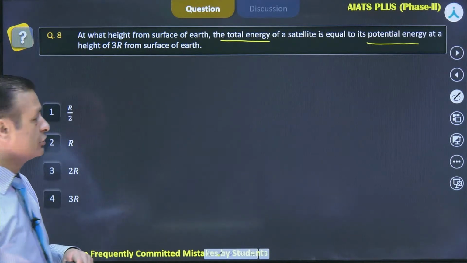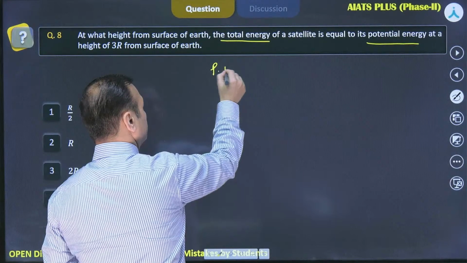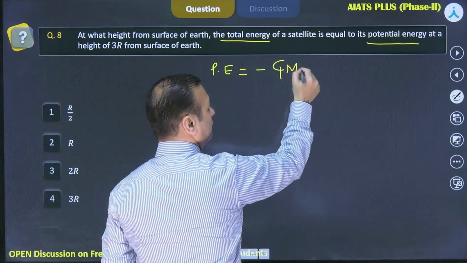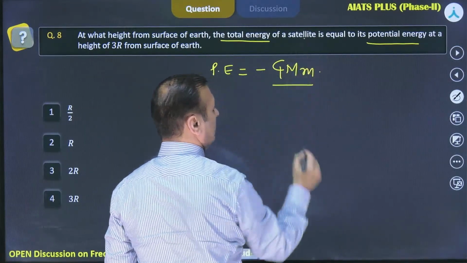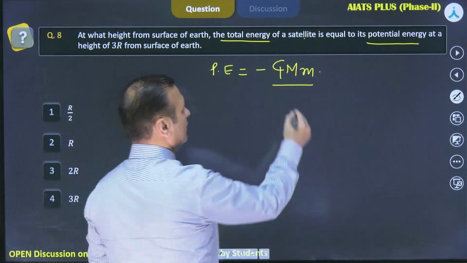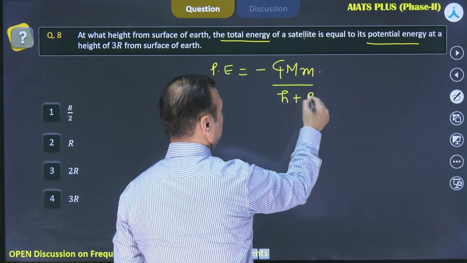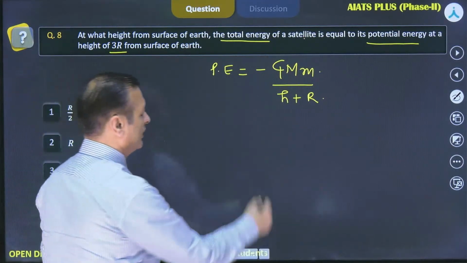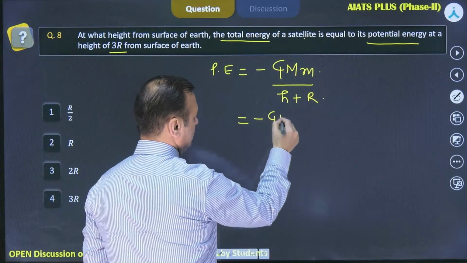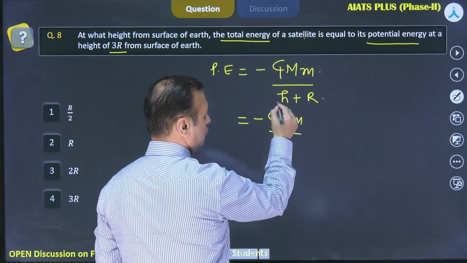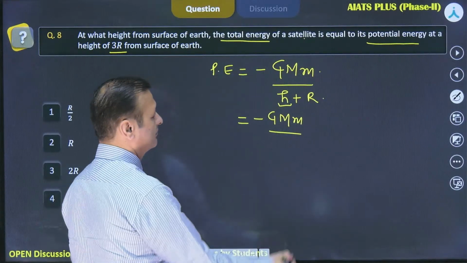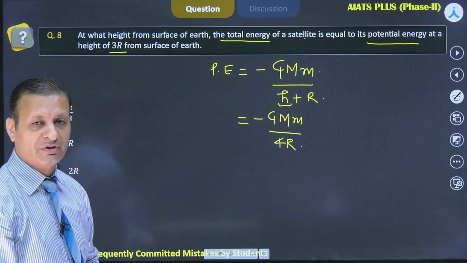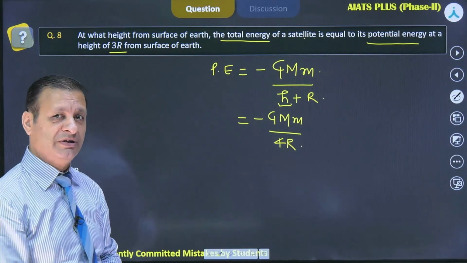So let's define the potential energy. This is negative, minus GMm, where M is the mass of Earth or planet, and small m is the mass of the satellite, divided by h plus R. And potential energy is defined at a height of 3R. So when you put the value of h as 3R, 3R plus R will become 4R. So this is the potential energy as per the given statement.